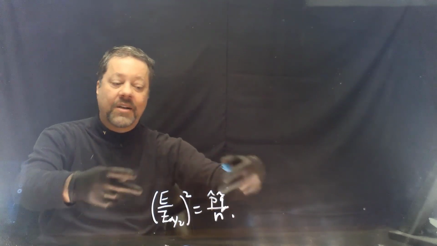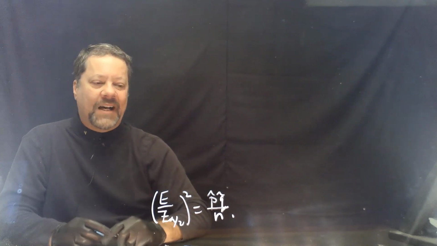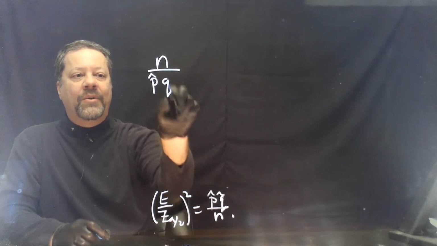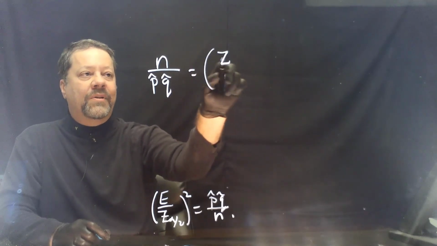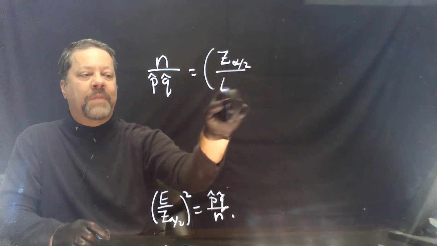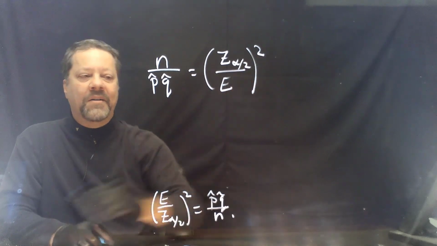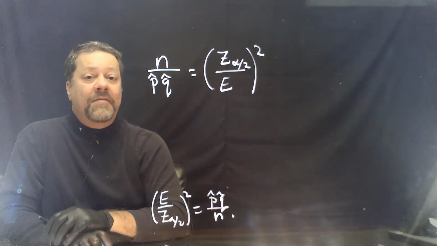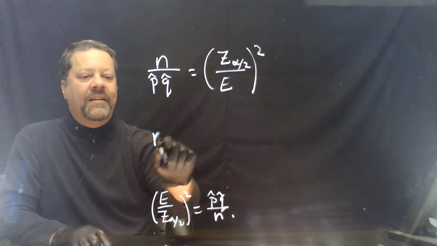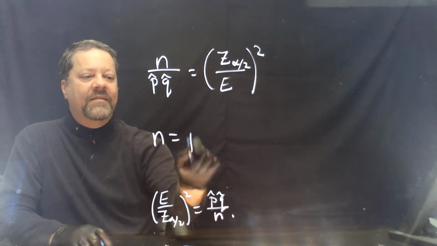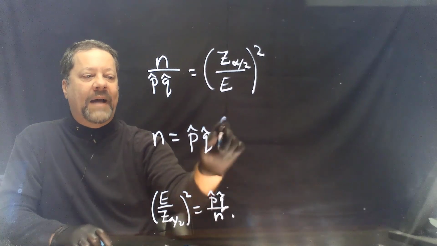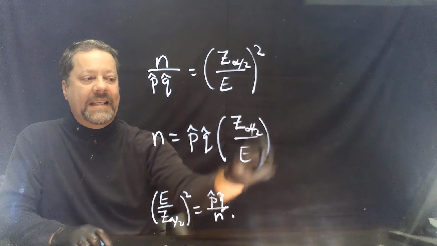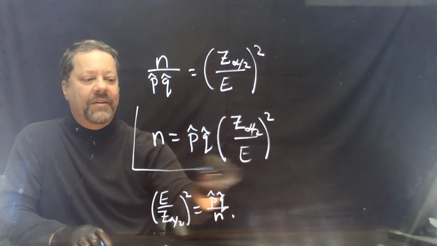That's okay as long as we invert both sides. We'll have n divided by p hat q hat equals your critical z divided by your margin of error squared. Everything just gets turned upside down. Finally, we can solve for n. n will be p hat q hat times your critical z over margin of error e, squared.